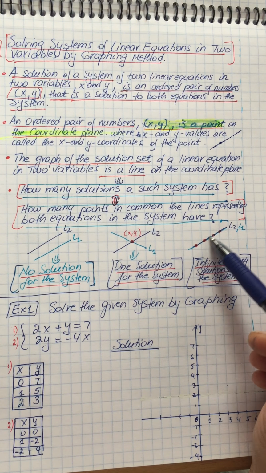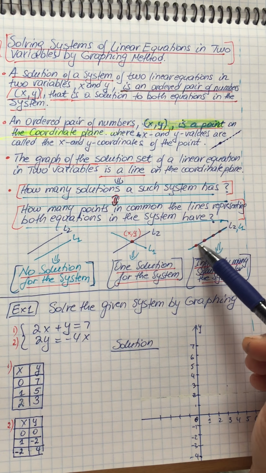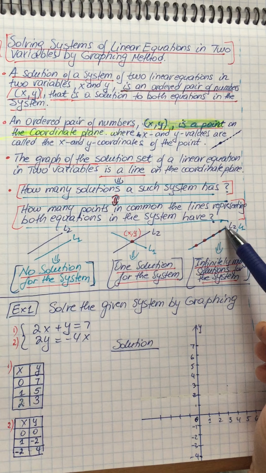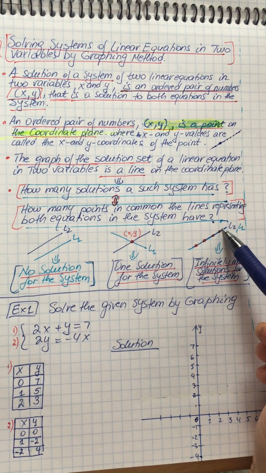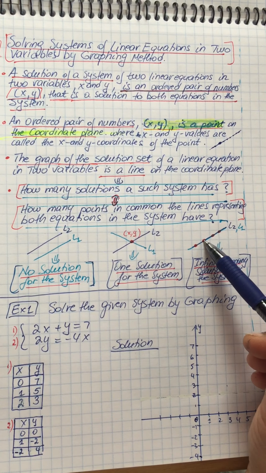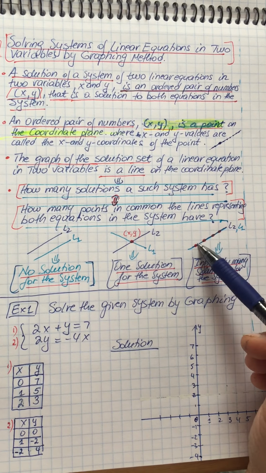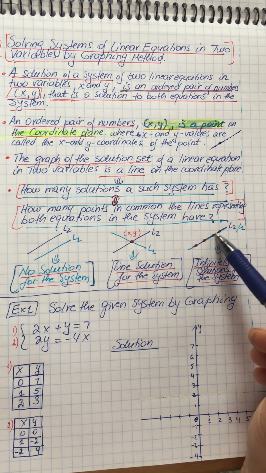We say the lines coincide, which means that the lines represent the same line, which means they have infinitely many common points, which are solutions to both of these equations. So both equations in the system have infinitely many common solutions, so the system will have infinitely many solutions also.